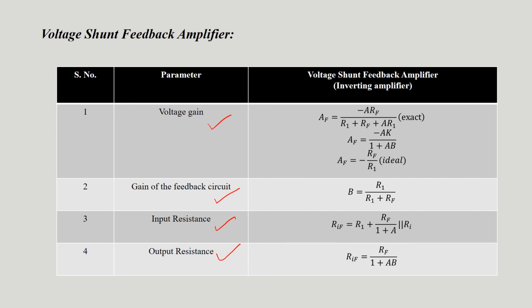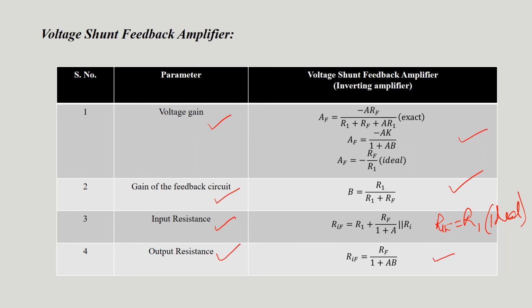Now if we talk of the exact input resistance, RIF is equal to R1. This is the ideal case, and in general RIF is equal to RF over 1 plus AB. The rest we have already done in the previous sessions.